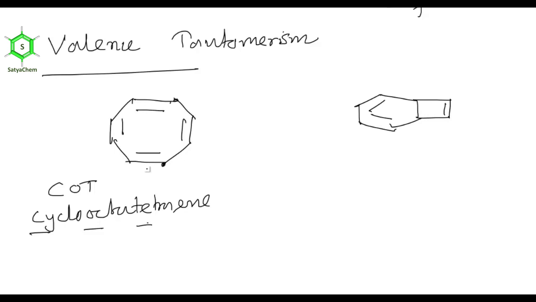By arrow notation I can show you in this way. That's it. This is valence tautomerism. Now I'm not going to explain valence tautomerism in detail, that is beyond your limit, but try to memorize this example. This is very unique. This is one of the unique examples of valence tautomerism.